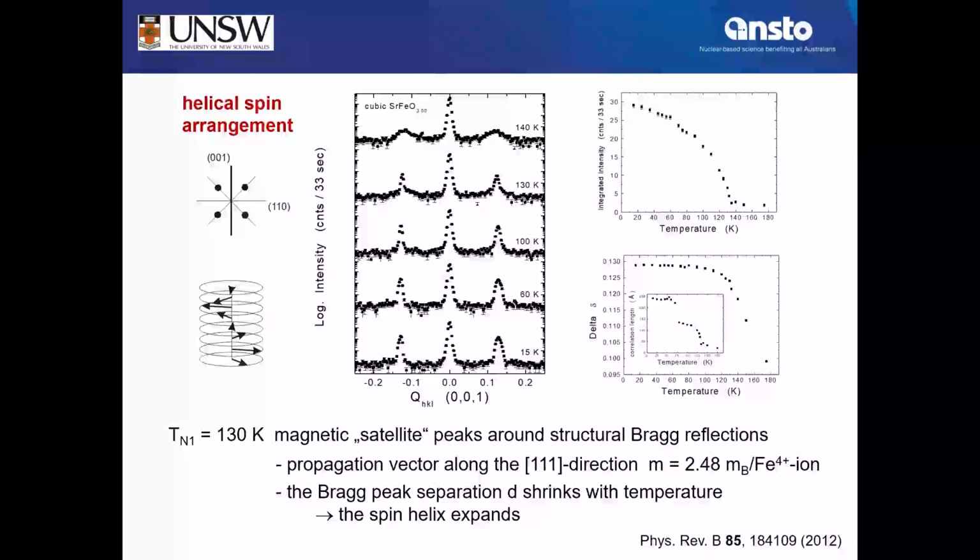And it doesn't appear in steps, it's a continuous transition, which again proves that the spin helix is not locked to the lattice at all. It's a real freestanding spin helix independent of the crystal lattice, even though the spins are located at the atomic positions.